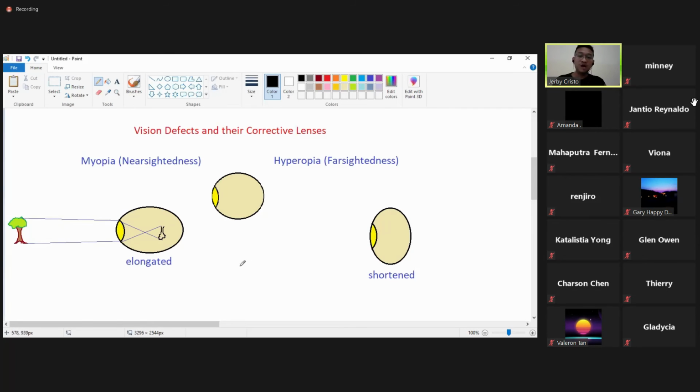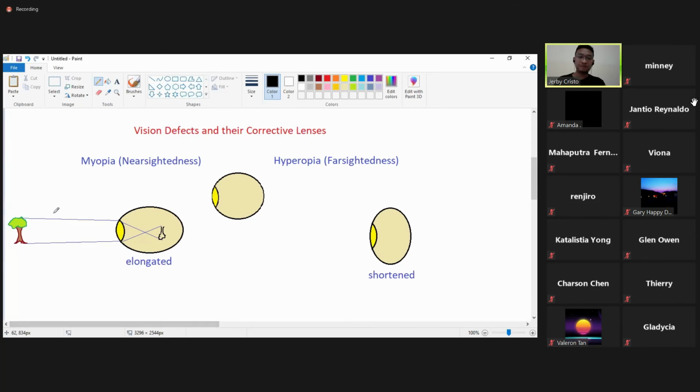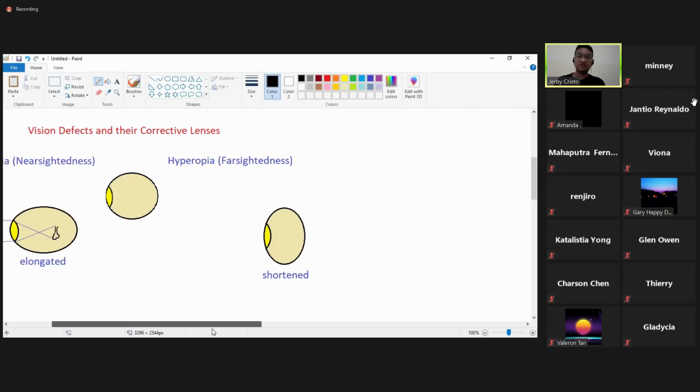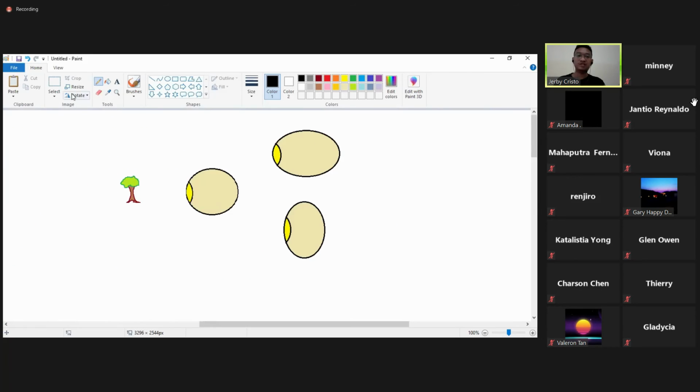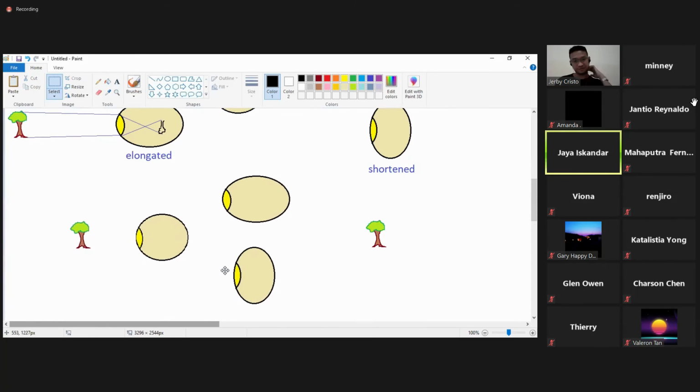So what lens could be used in order to correct this? What lens are we going to use? Are we going to use a concave or convex lens? Concave.